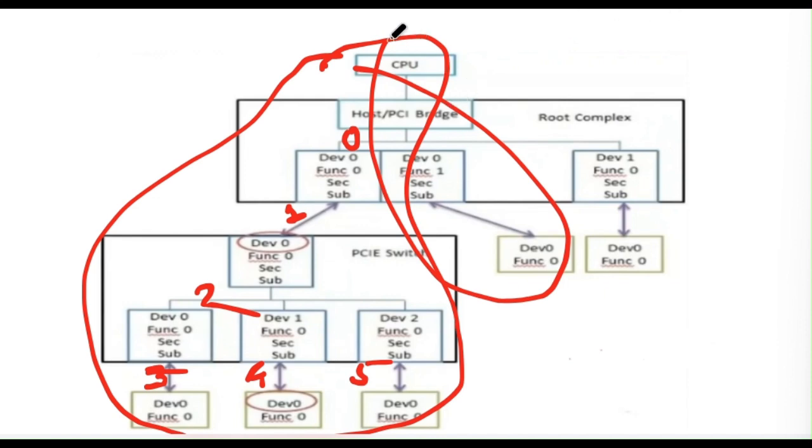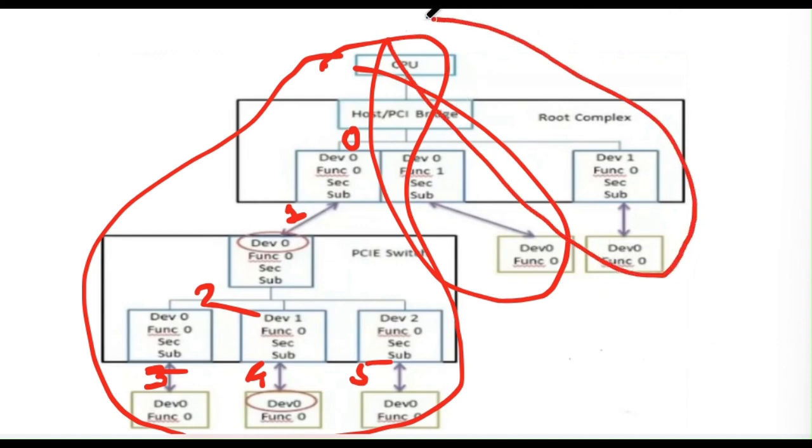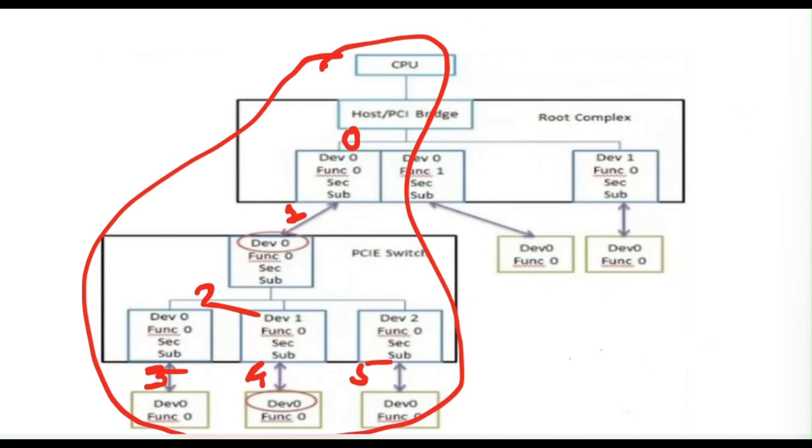After numbering that, we number the buses here. So this will be assigned bus number 6, and this will be 7. Any doubts on this?